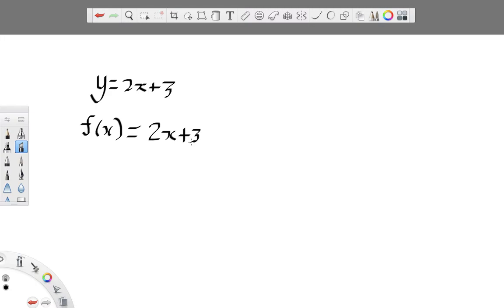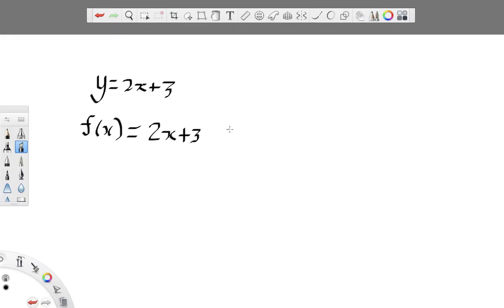Well, what does function of x mean? Well, if you look at the right hand side of our equation, we've got 2x plus 3. So the letter or the variable is x. So it means that we can change x and get different values out.